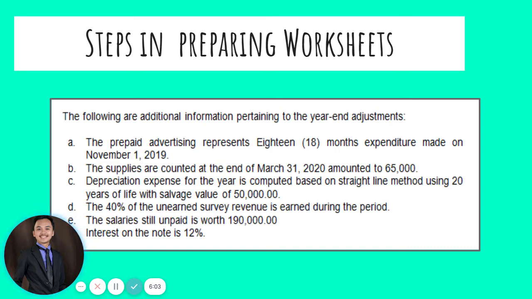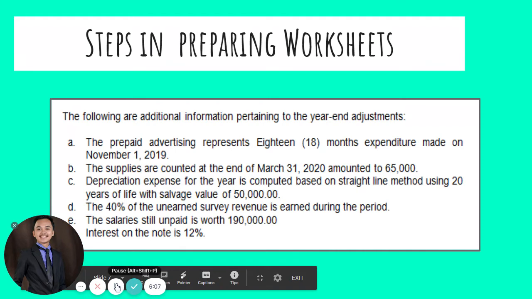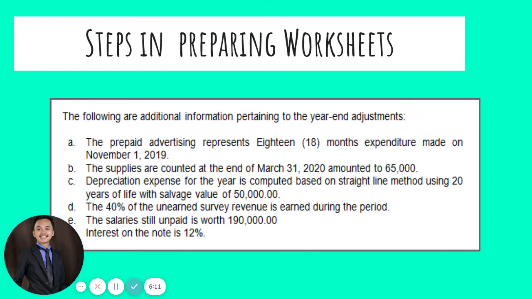So 180,000 divided by 18 months means we have 10,000 advertising expense per month. And 5 months have lapsed from November 1, 2019 up to March 31, 2020.